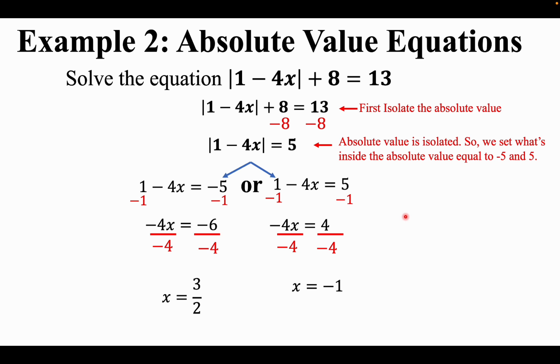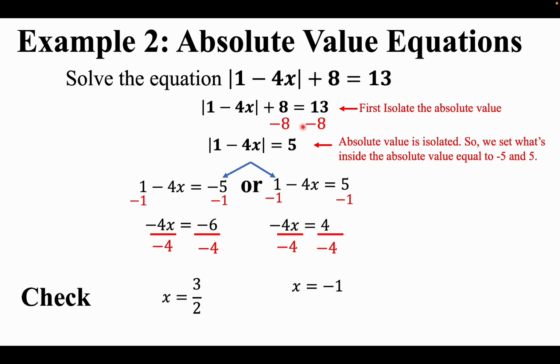Double check. Take the values and plug them in. I guess I can plug in 3/2 here. Well, -4 times 3 is -12, divided by 2 is -6, and 1 minus 6 is -5. An absolute value of -5 is +5. 5 plus 8 makes 13, which is what I have here.